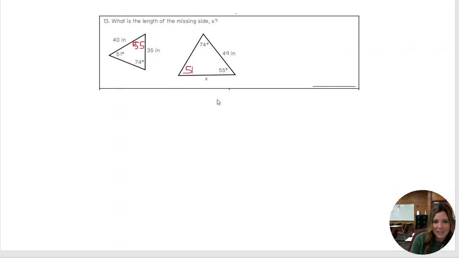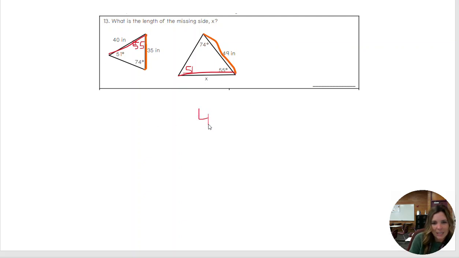Okay, so these are similar triangles because the angles are the same. Now, this side right here, the one that's in between the 51 and 55, corresponds with this one right here. Then this side right here, the one in between the 55 and the 74, corresponds with this one right here. So now when we set up our proportion, let's do red sides first.